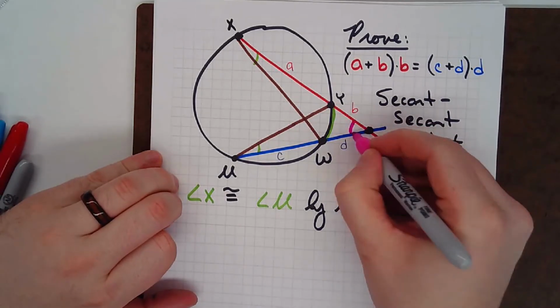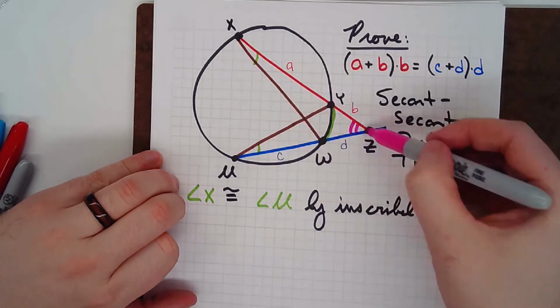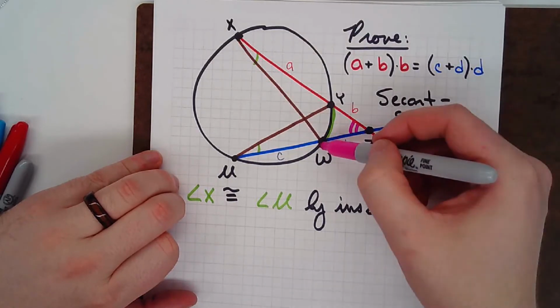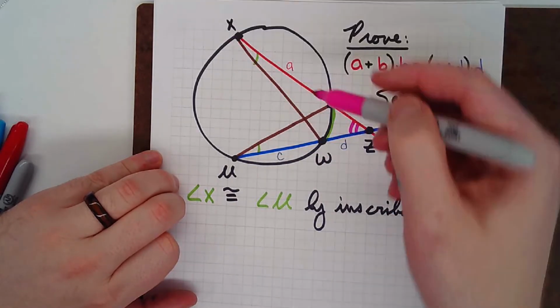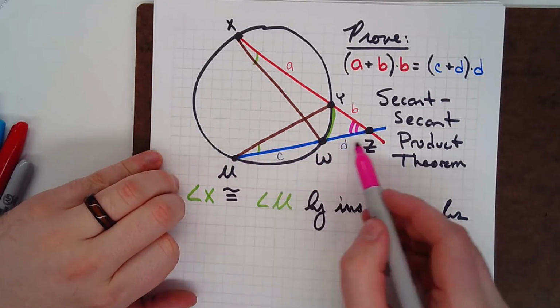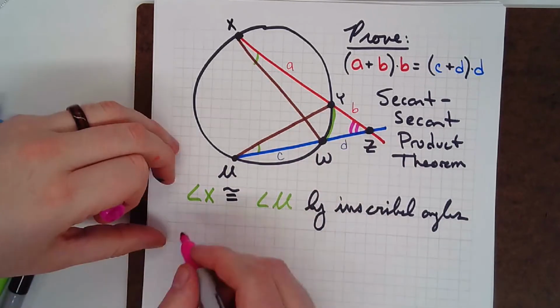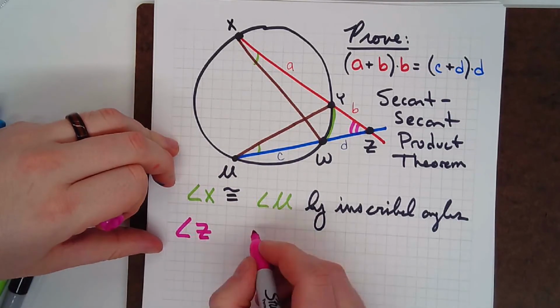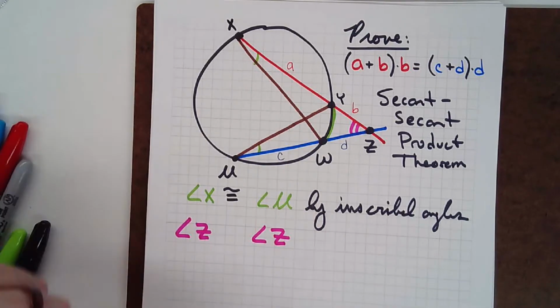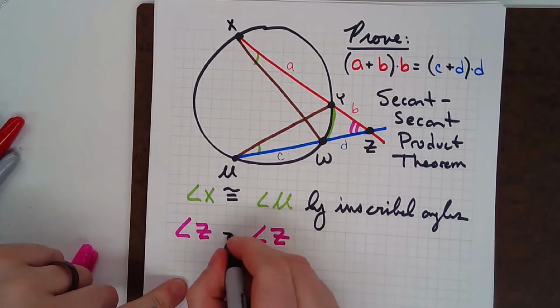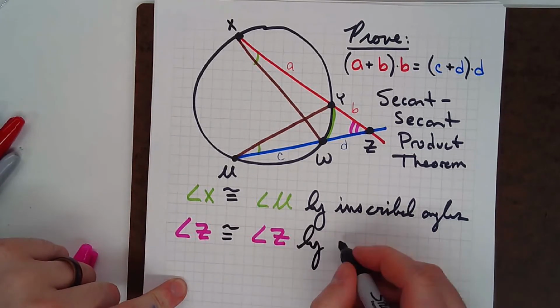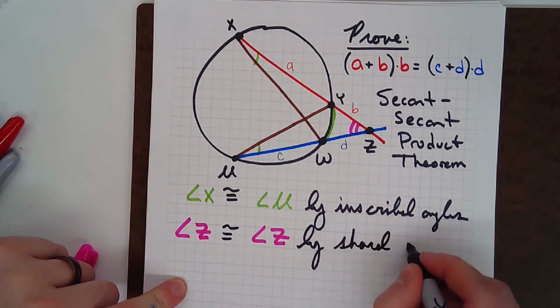We have triangle XZW, this triangle right here, shares that angle with YUZ. So we have angle Z is congruent to angle Z by shared angles.